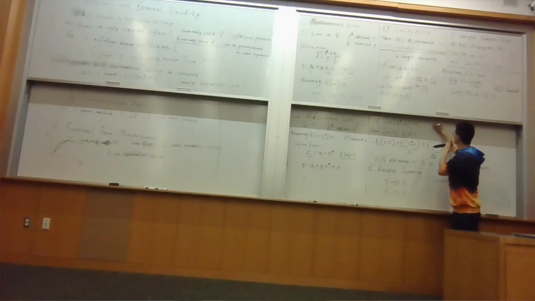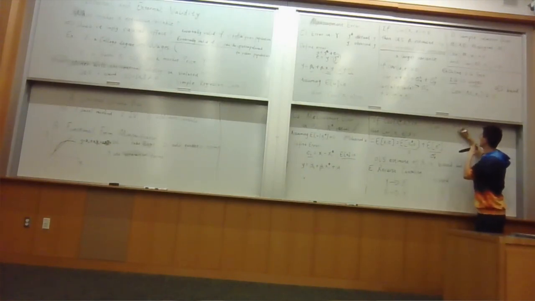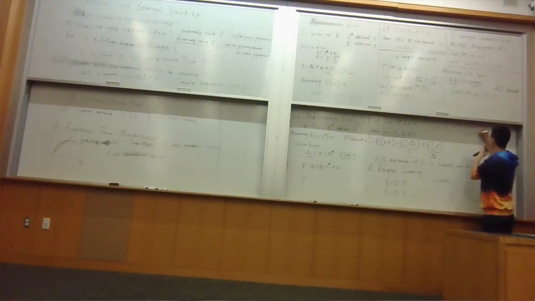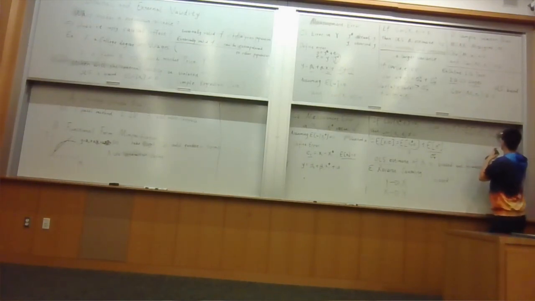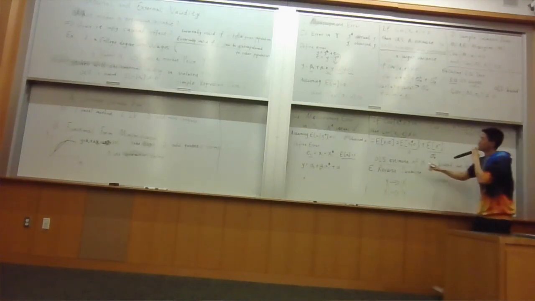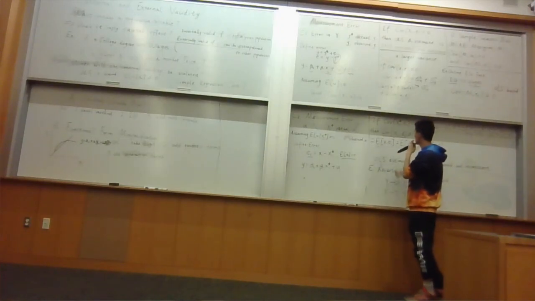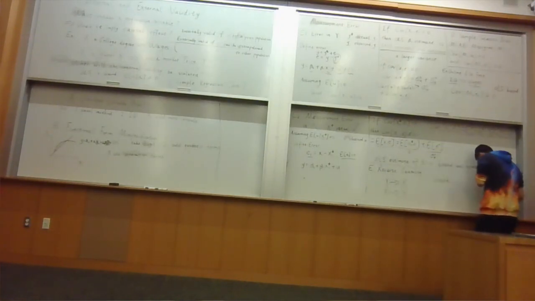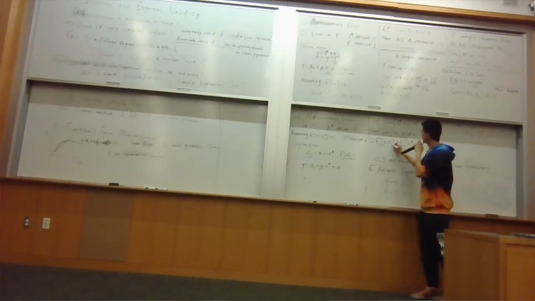The covariance of x1 and e1 is the expectation of x1 minus expectation of x1, times e1 minus expectation of e1. And we assume that expectation of e is 0, so this term is 0. So we only have the expectation of x1 times e1.